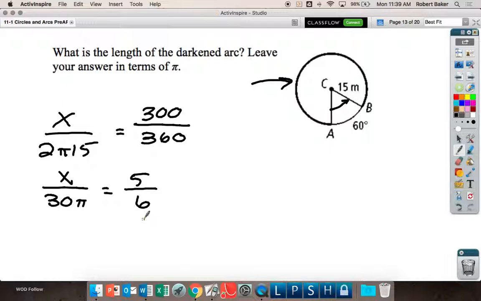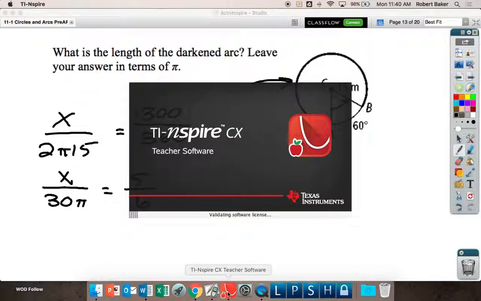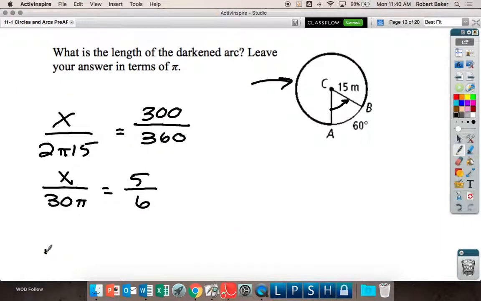Now, how am I doing that? 60 goes into 300 5 times, 60 goes into 360 6 times. Your calculator will do that for you. But now look how pretty that is. That's not bad, is it? So cross multiply. 150.